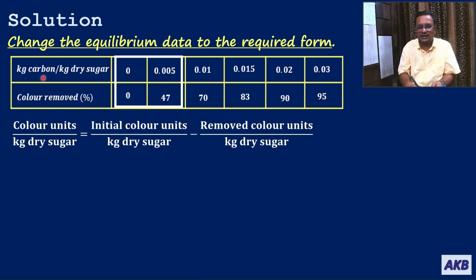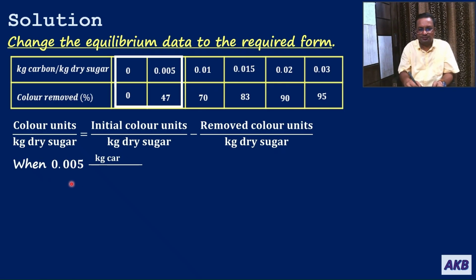That is when you are adding 0.005 kg carbon per kg dry sugar, then percentage color removed is 47. That is 47% of the initial color gets removed. That is the color left per kg dry sugar in the solution. For this case, it's 53%, 100 minus 47.